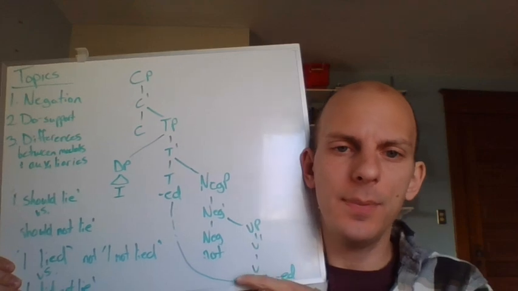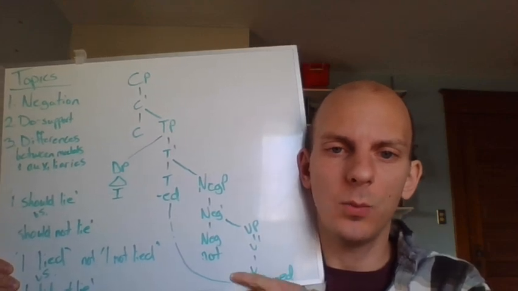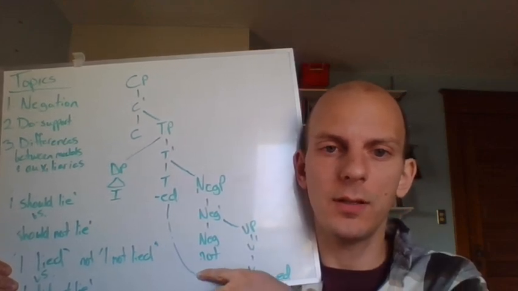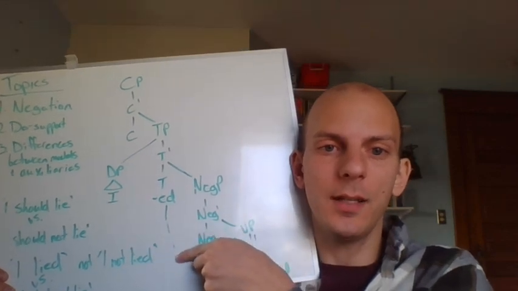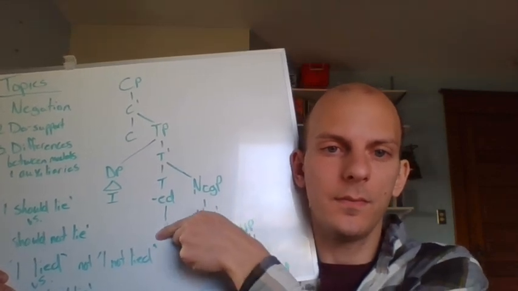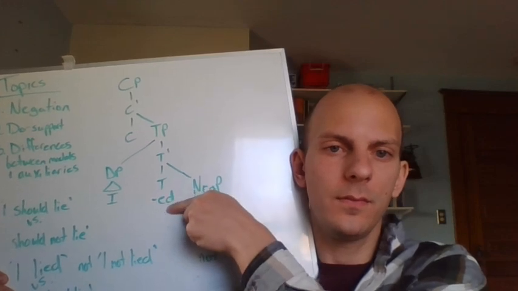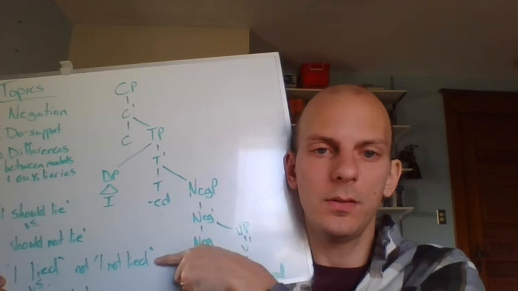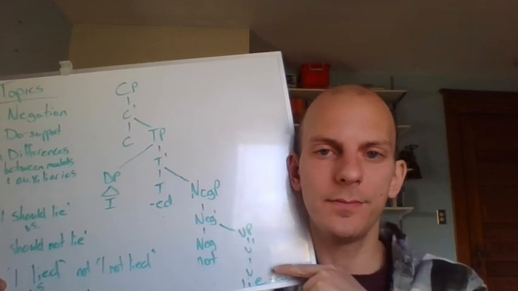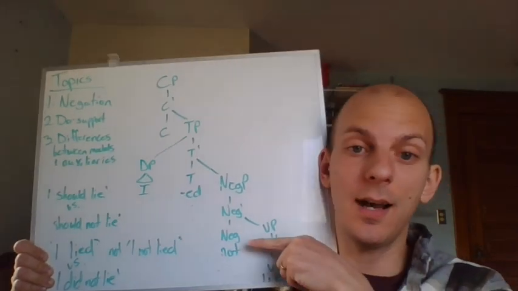And so what happens is, we'll see how good my whiteboard mirrored image skills are, this gets interrupted, right? It can no longer lower down onto the verb. It can't do it anymore because this not is in the way.